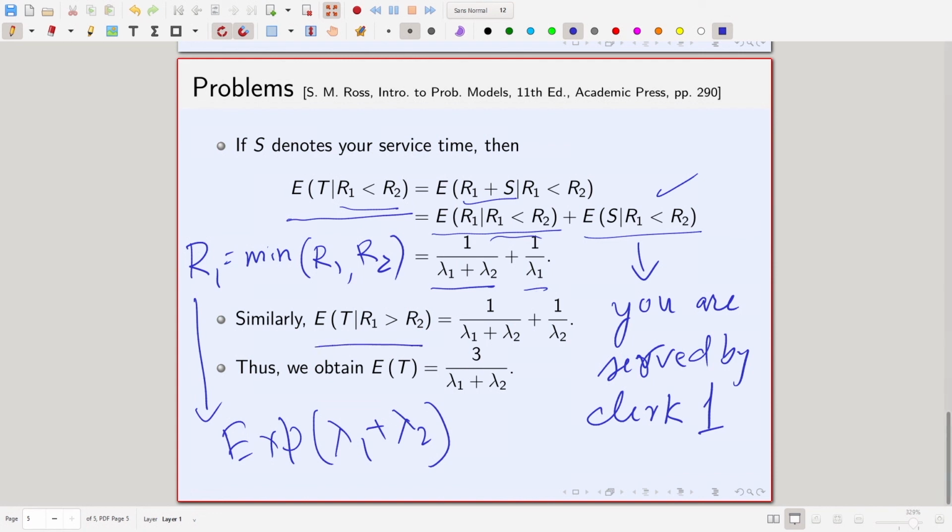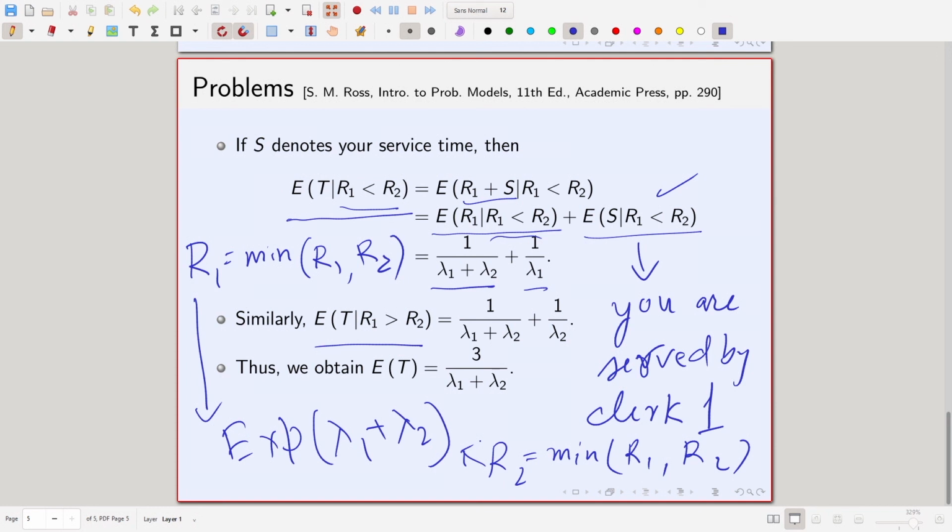By a similar argument, you will get that expectation of T given R1 greater than R2 has first term 1 over lambda 1 plus lambda 2. In this case, R2 will be the minimum of R1 and R2, and R2 will have the same distribution, exponential lambda 1 plus lambda 2.